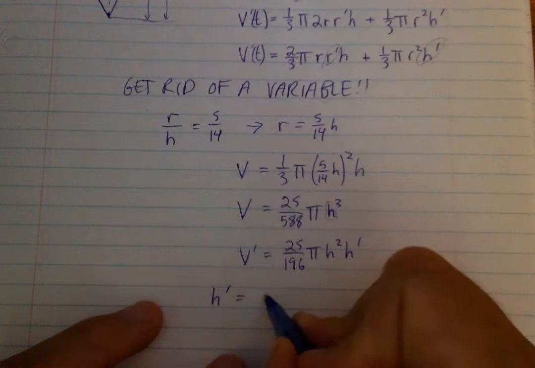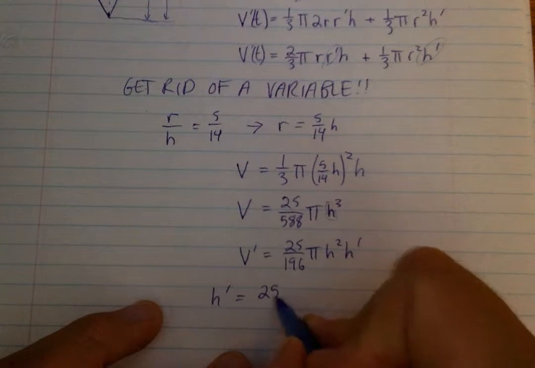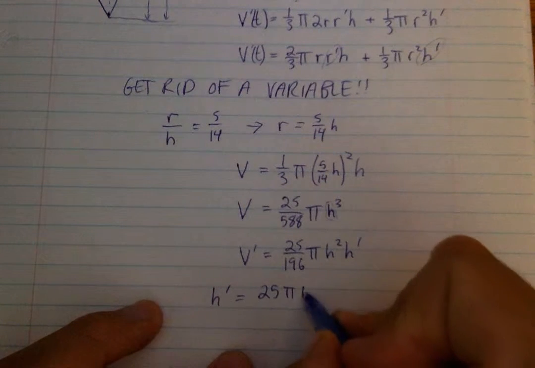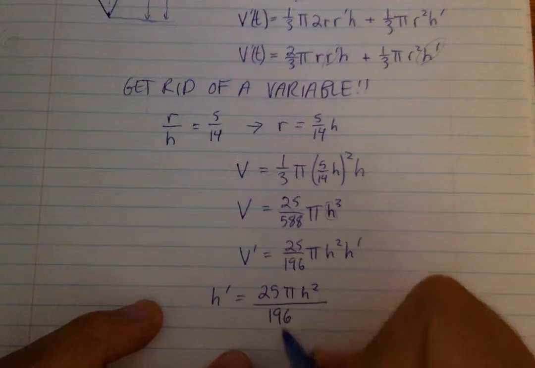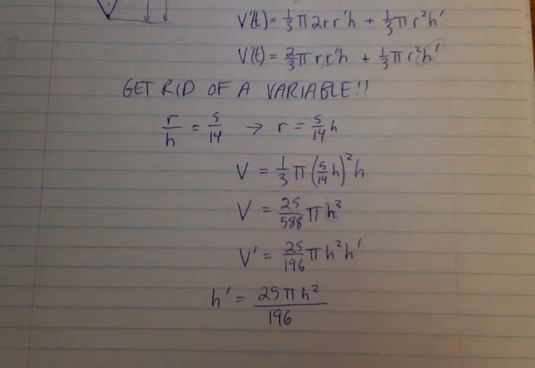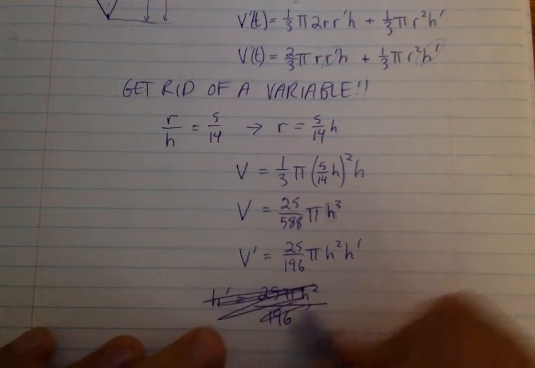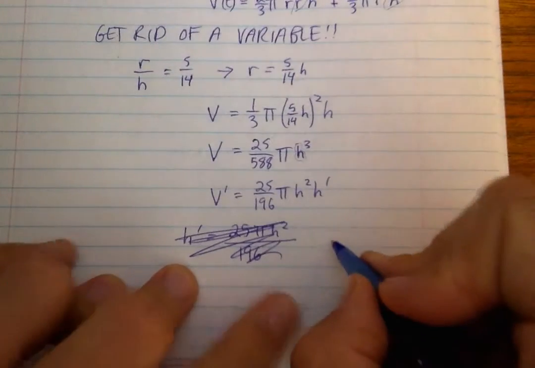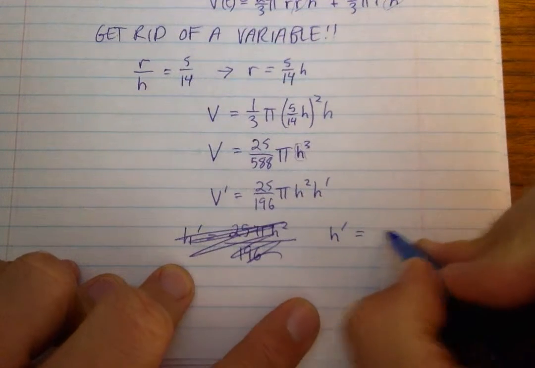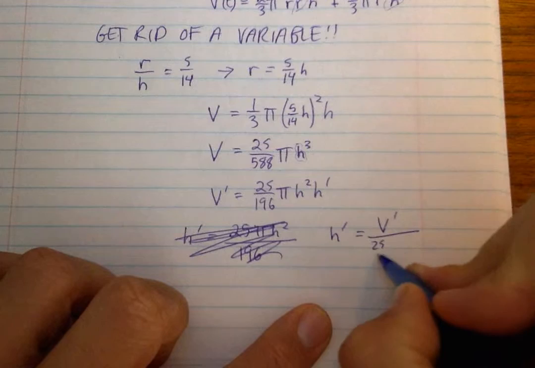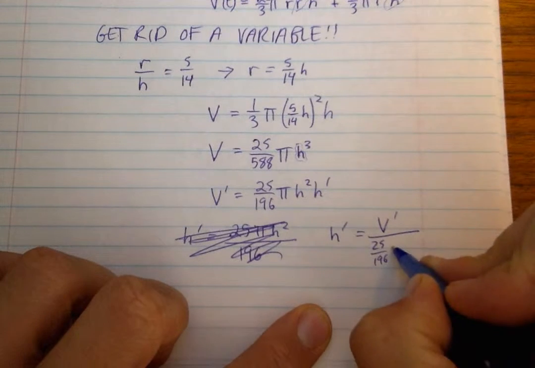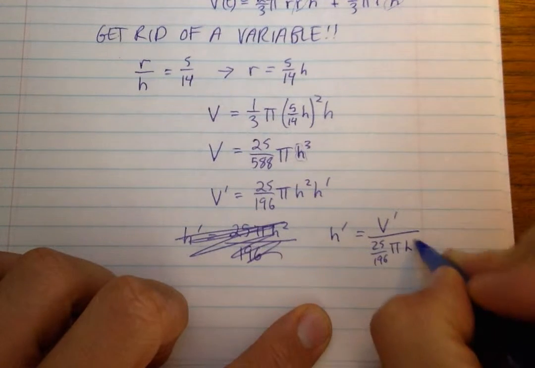H prime equals 25 pi h squared over 196. Wait, no, I did that wrong, didn't I? Oh no! At least I caught it. H prime equals V prime over 25 over 196 pi h squared.